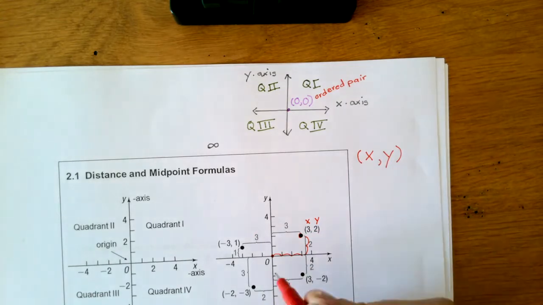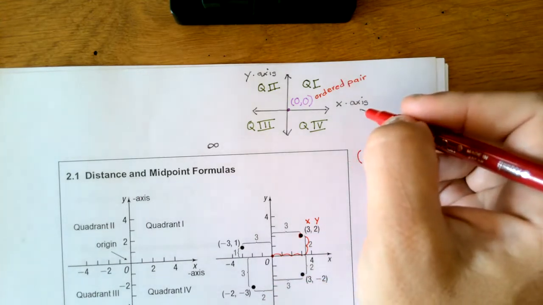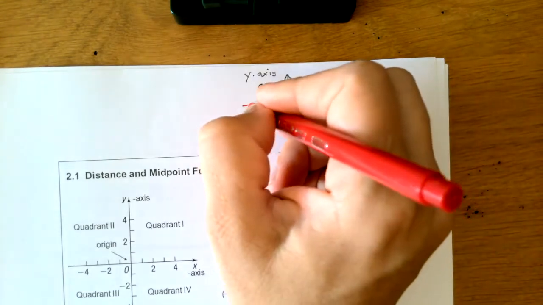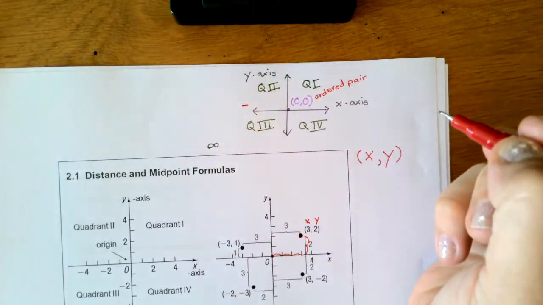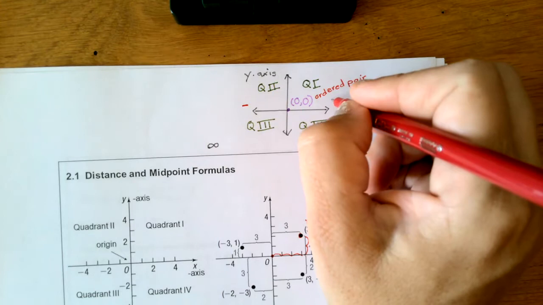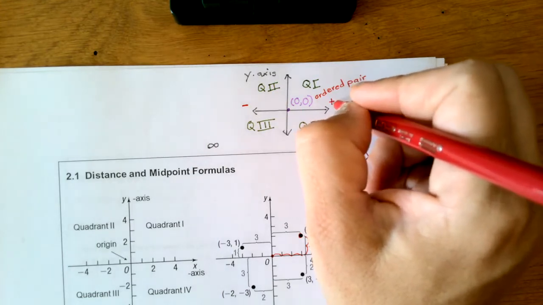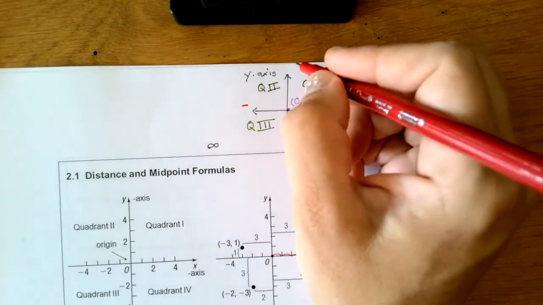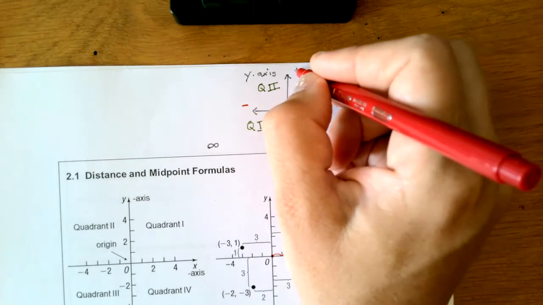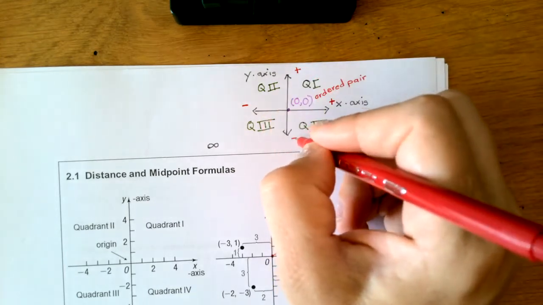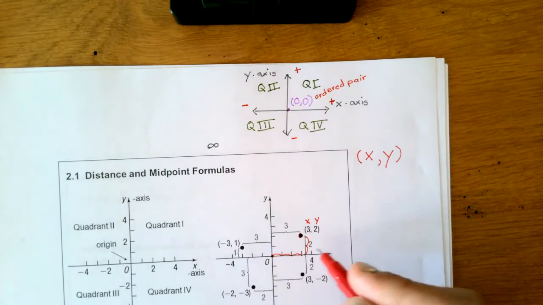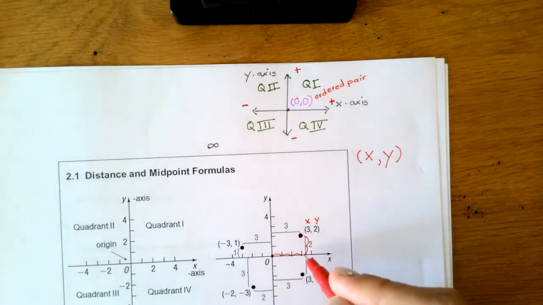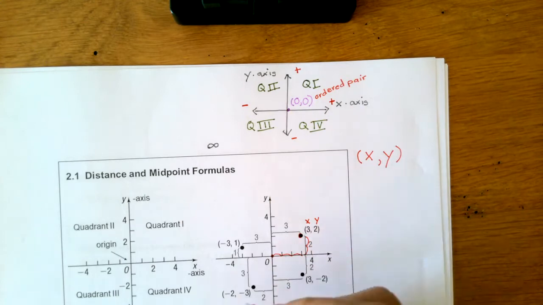So -2, -3. Negative, right, on the x-axis, negative will be this way to the left, just like on a number line. Positive will be to the right. On the y-axis, positive will be up, negative will be down. Okay, so we went to the right here because it was a +3. We went up because it's a positive 2.